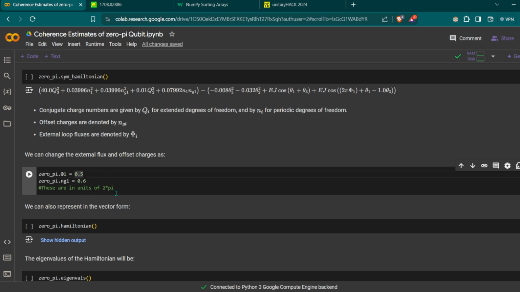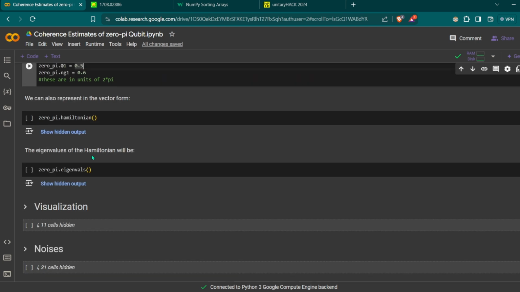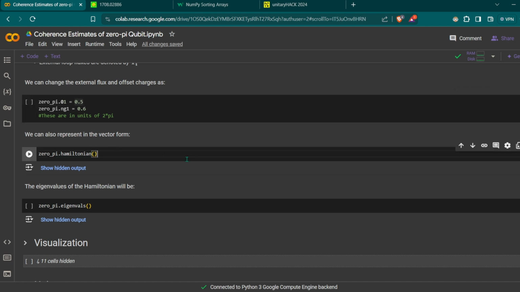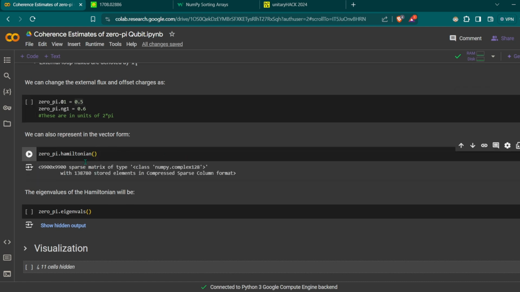These units are basically in units of 2 pi. So we can calculate the Hamiltonian in the matrix form too, using this method. If we see the output, it is a compressed kind of matrix and we are not able to see it in here, but it directly returns the value of the Hamiltonian in matrix form.